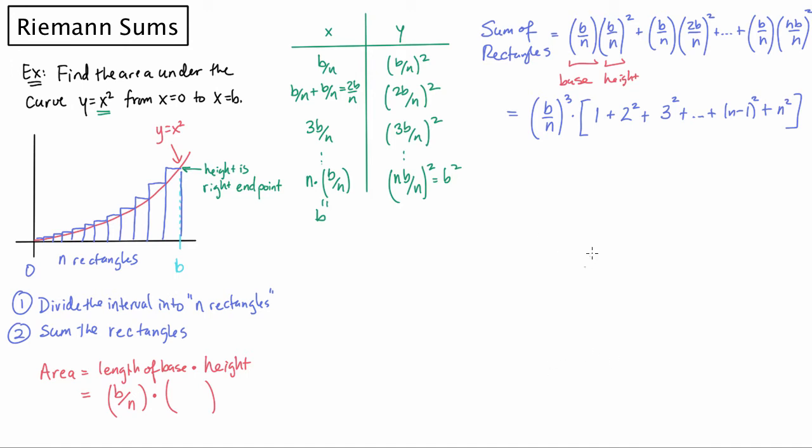And the question that we have to ask is, what is the value of that sum? Now, there's many ways for me to figure out the value, most of which you're not ready to see. So let's just talk about this geometrically. I want you to think of it this way.